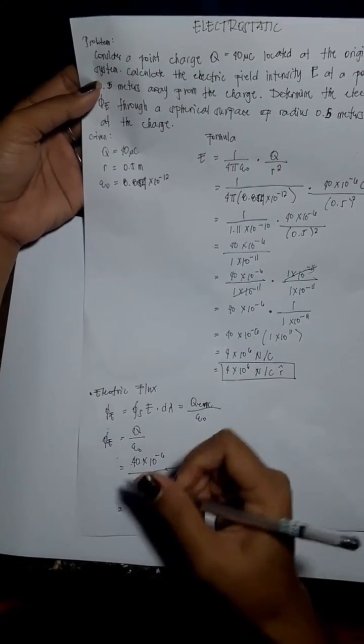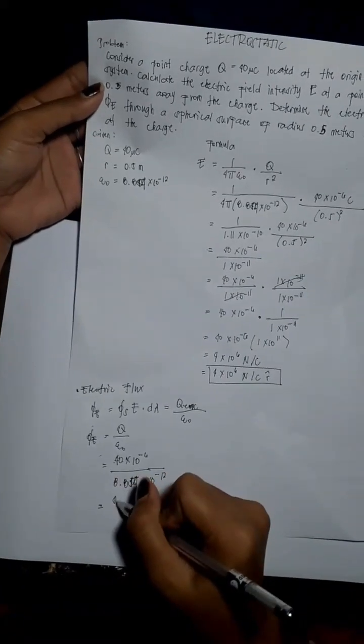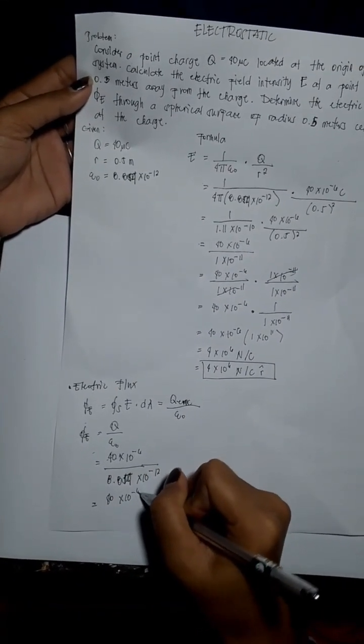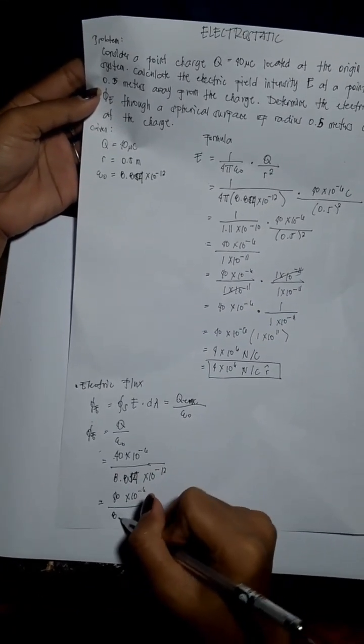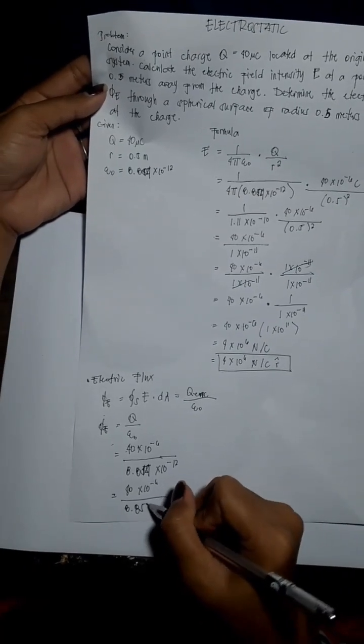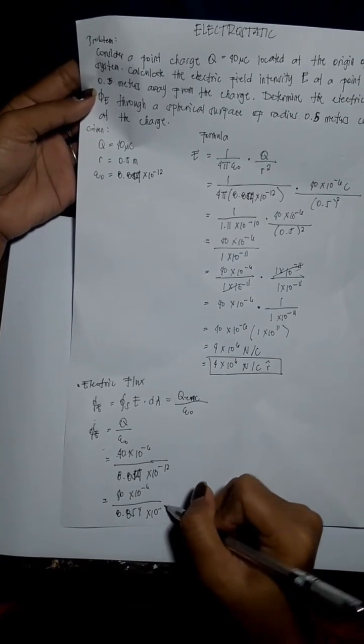So we now continue. Let's solve: copy 40 times 10 to the negative 6 over 8.854 times 10 to the negative 12.